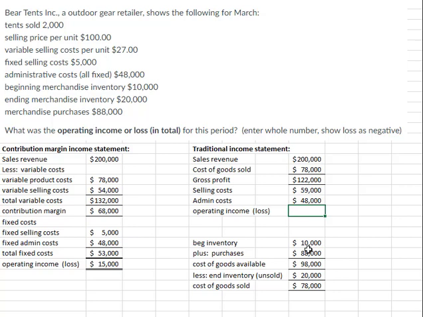So then the operating income is your gross profit minus those two. And those two operating incomes need to be the same, or you've got to go back, you've left something off, or you've got a mess going on. So here, either format for this particular problem could have been used, but either way, you still had to solve for cost of goods sold. Alrighty? Okay, let me know if you have questions.